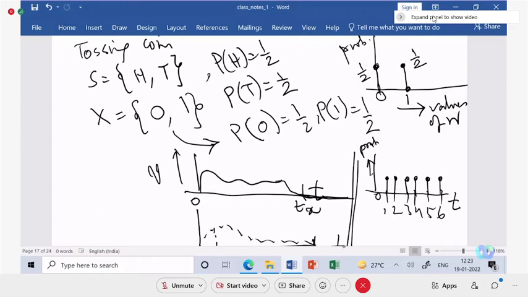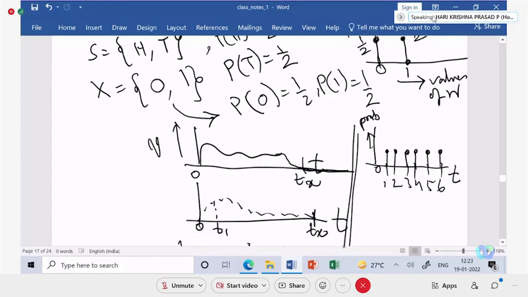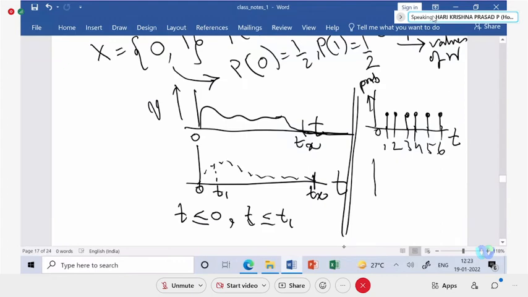Now I want to know the probability of getting values less than or equal to 1. There is only one event possible. Here I write the random variable capital X, and it is x. Please see the difference. Whenever the random variable X takes a value less than or equal to 1, at 1 I have a probability.